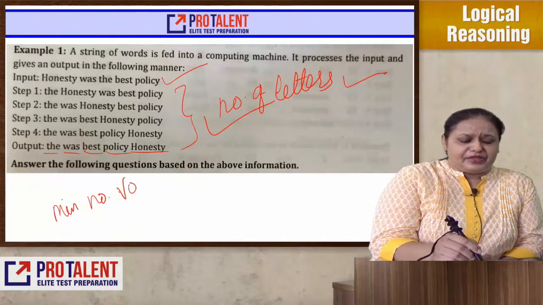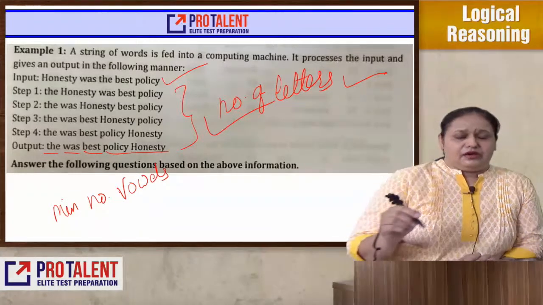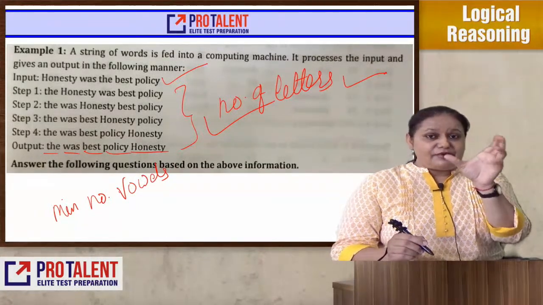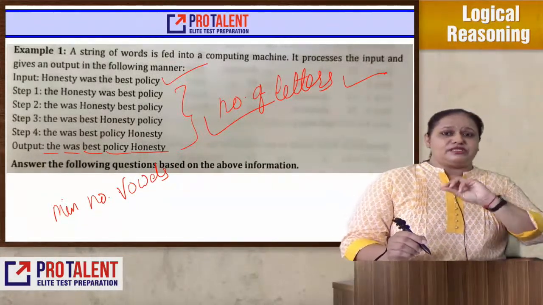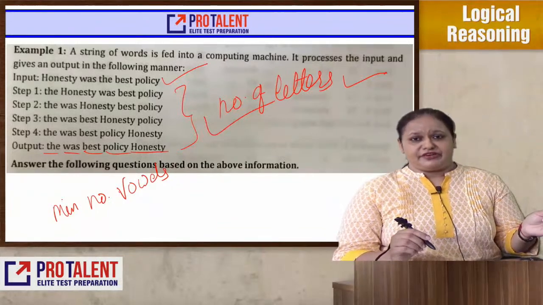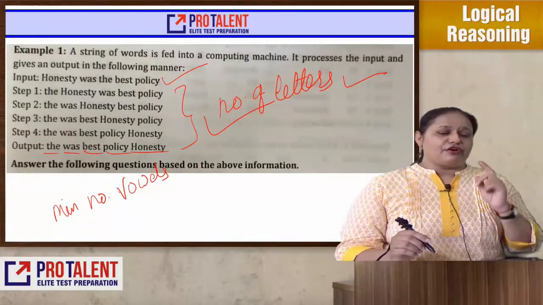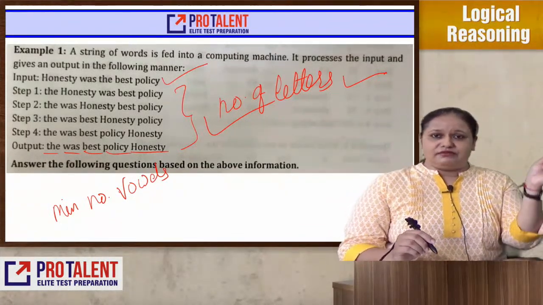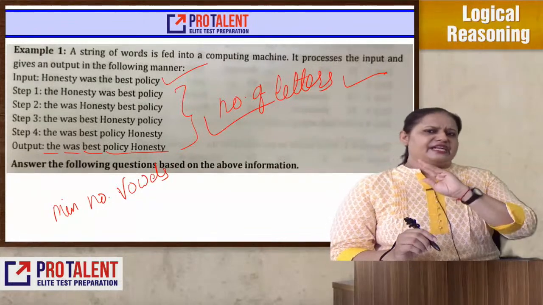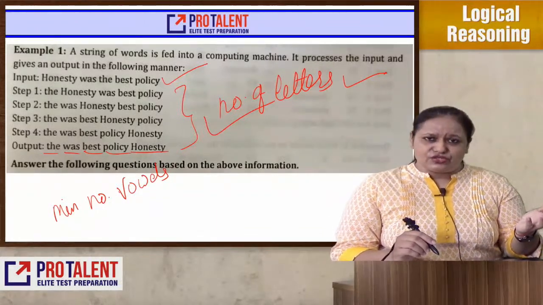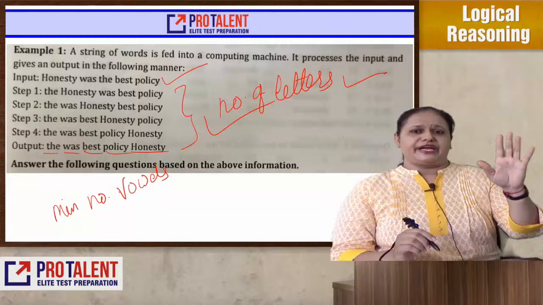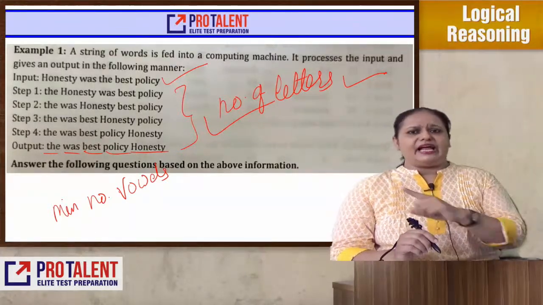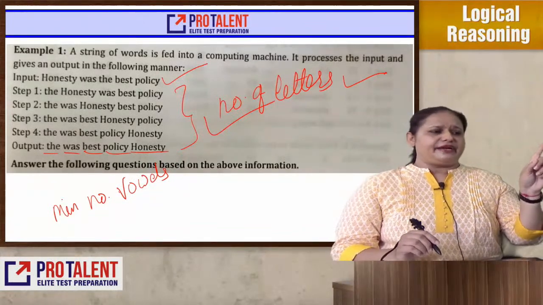The word could have been very big, but if the number of vowels in it is smaller, it would have come in the first place. Very good. So number of vowels, then same number of vowels, again alphabetical order, reverse alphabetical order, and the same could be applicable to consonants also. Smallest number of consonants or largest number of consonants, same number of consonants, then again alphabetical order, reverse alphabetical order.